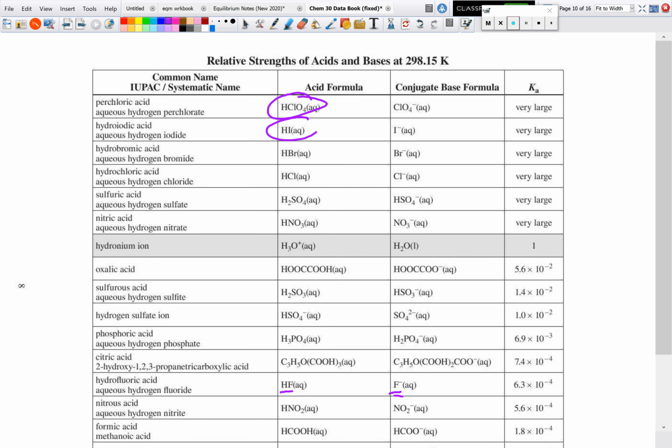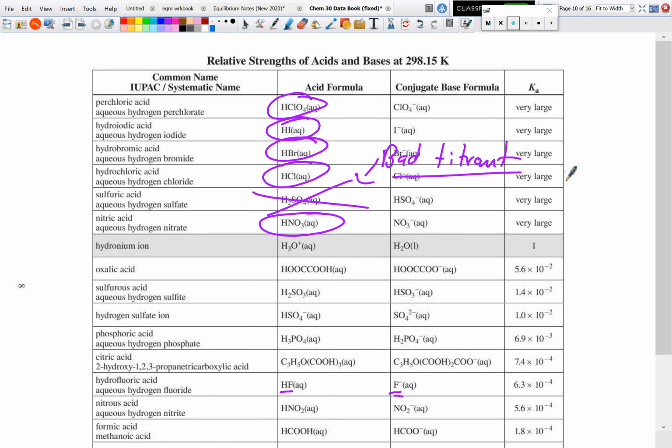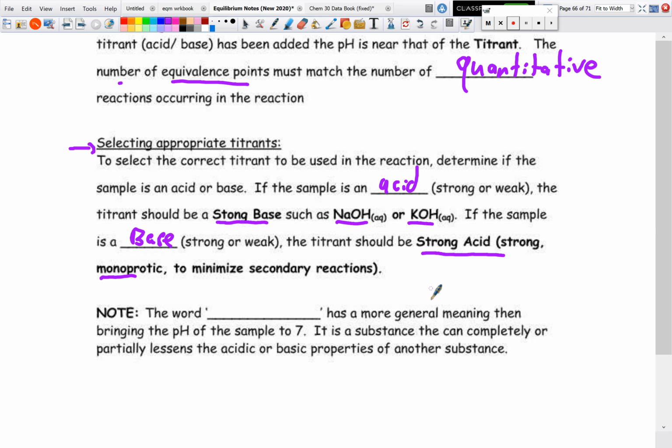So monoprotic, monoprotic, monoprotic, monoprotic, and monoprotic. Sulfuric acid we are not going to use for titrations, just because it is diprotic, and we can get secondary reactions based on the hydrogen sulfate ion that's there. So we tend to leave out sulfuric acid.